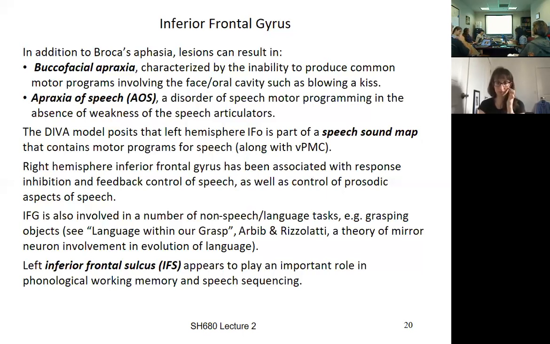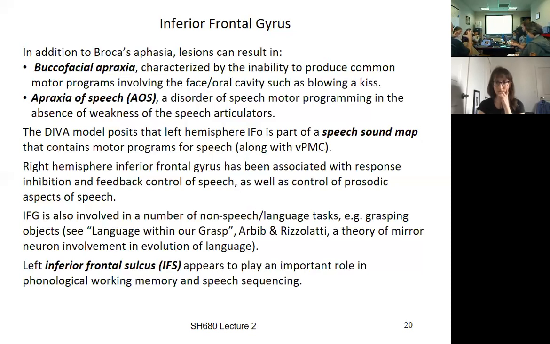In our studies, it's highly reliable that if we give you something difficult to produce that has multiple phonemes, you get more activity in inferior frontal sulcus. Whereas if we just have you do a very simple syllable like top, you get almost no activity there, probably because there's almost no working memory load.